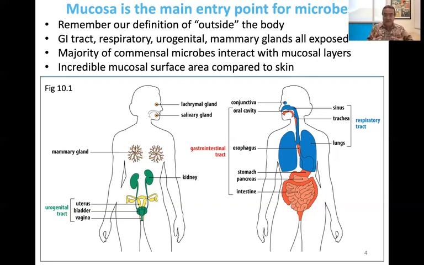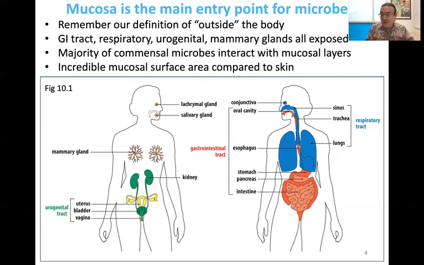Think about this also: those places, your mouth, your GI tract, your lungs, are potentially filled with microbes. It is a wonderful environment for certain microbes to exist because they are protected, and they're provided nutrients and moisture.